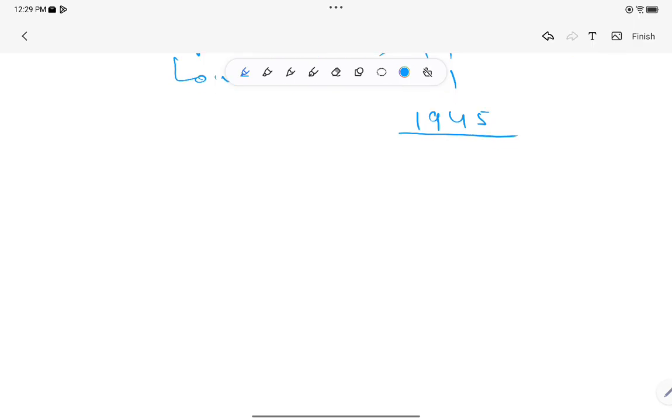The exact date I am not sure about, but somewhere during this time, there were two persons. A psychologist, his name is written as McCulloch. I'm sorry if I'm wrong in the spelling.